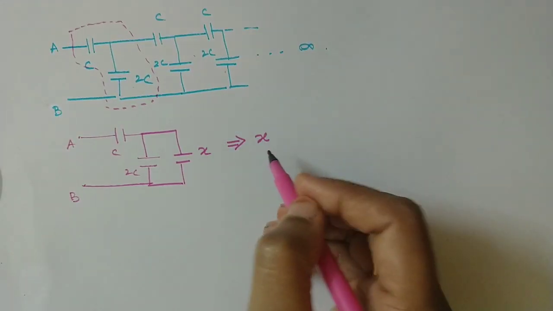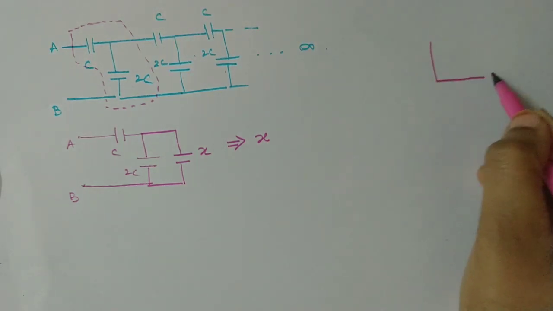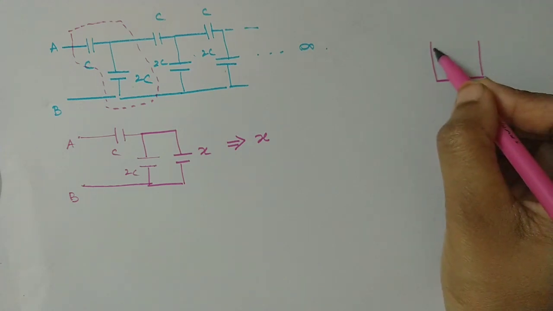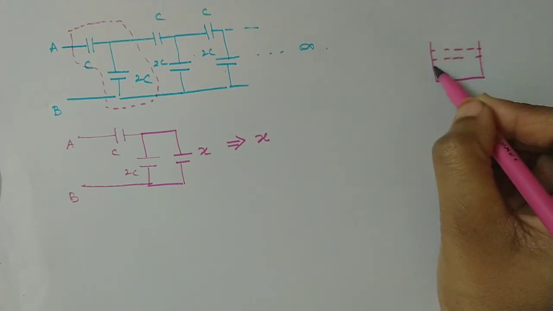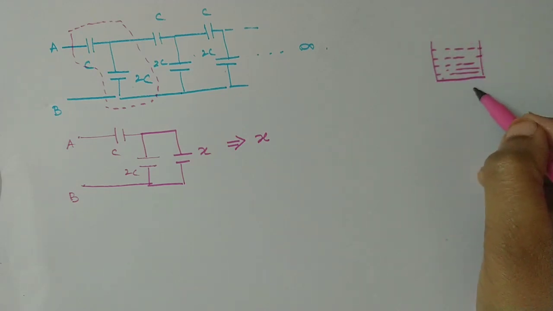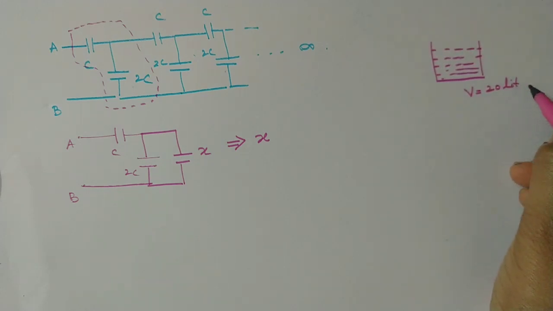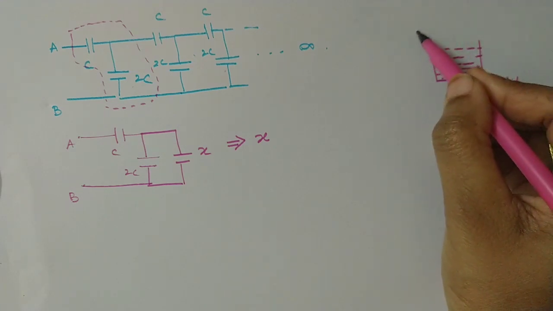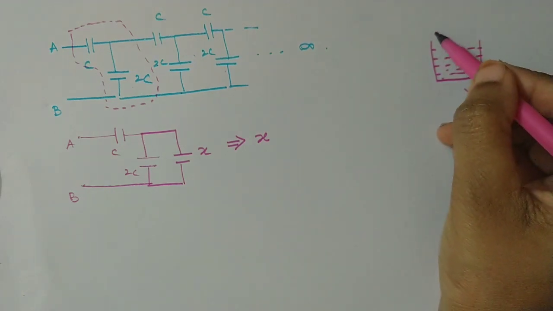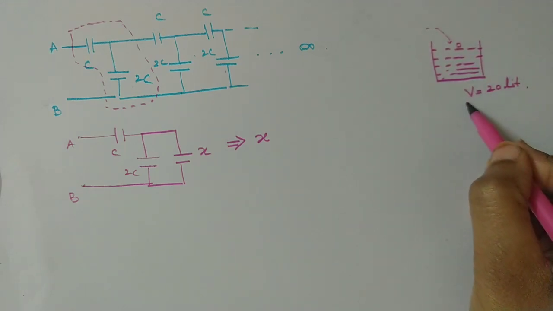To understand this logic, look at a simple example. Say you have a very big beaker of water, a large container with water. Let the quantity of this water be some value, say I will take the volume as 20 liters. Now to this big container containing 20 liters of water, if you add one more drop of water, what would be the volume?